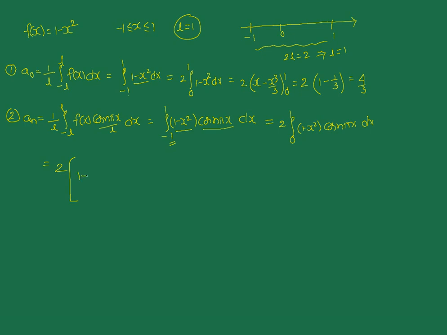Okay, that is nothing but 2 into the integral of this: 1 minus x square into cos n pi x, integration gives plus sin n pi x by n pi. Then the differentiation of 1 minus x square is minus 2x, and the integration of sin n pi x is minus cos n pi x by n square pi square. Now the term is plus into minus 2x.